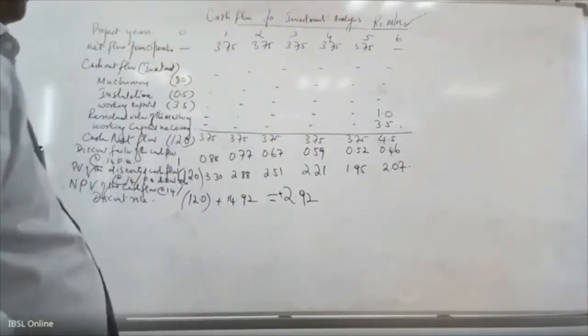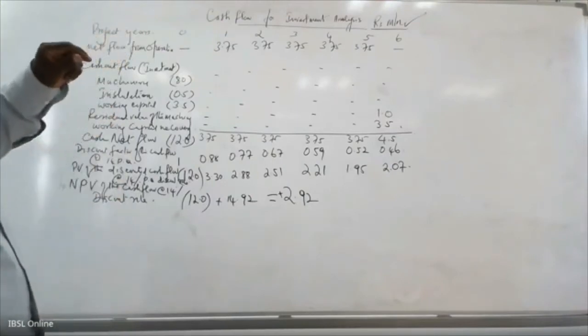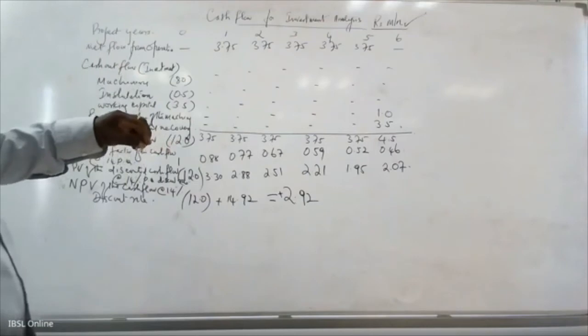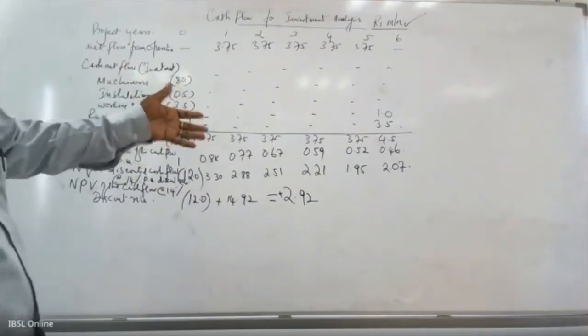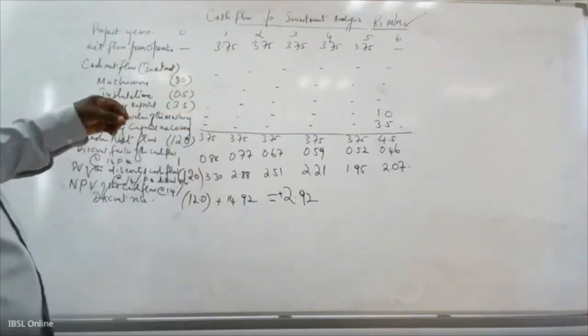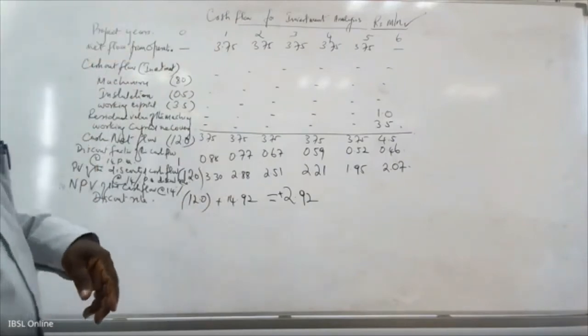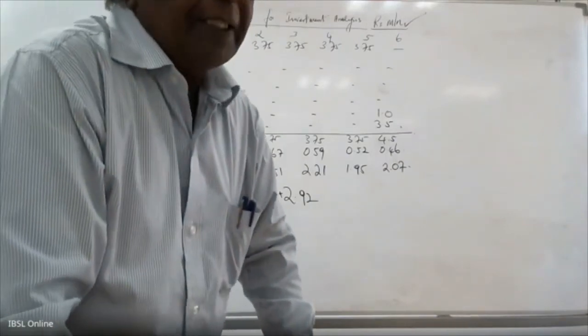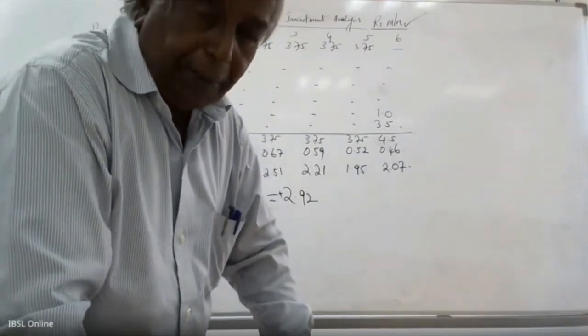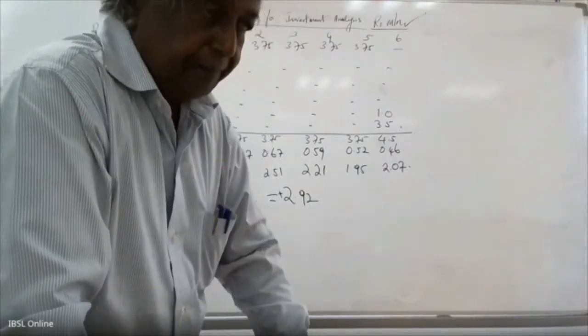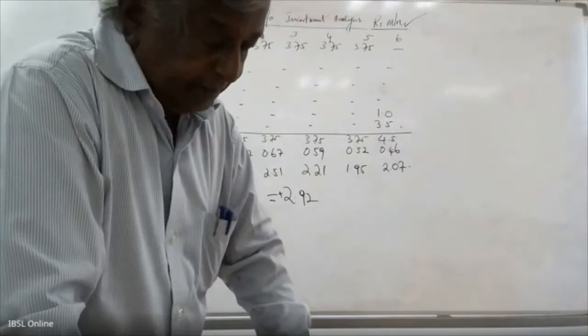Right. So now, installation charges 0.5 million. That's also investment, but you won't recover it. Machinery 8 million is investment. Now the working capital. Working capital is also a permanent investment for the business.